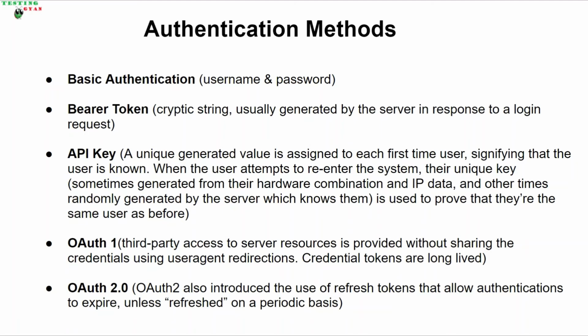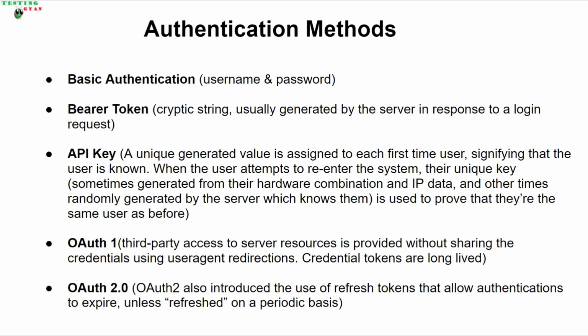Then the fourth way is OAuth 1, which is considered to be more secure because in this case no username and password is shared to access server resources, but instead a token is generated based on the information of the client, like client ID and client secret. The fifth way is OAuth 2, which is almost similar to OAuth 1, but it overcomes one of its limitations.